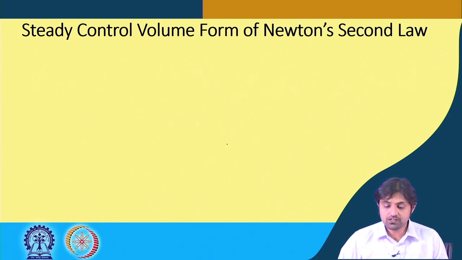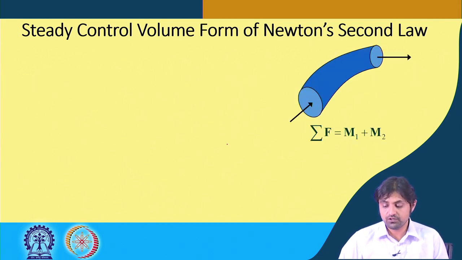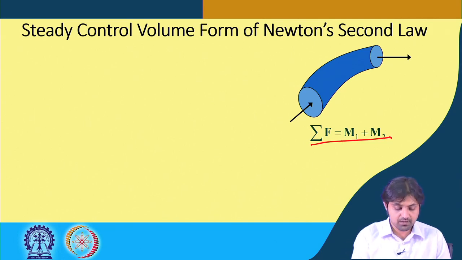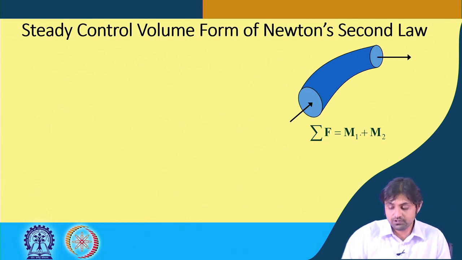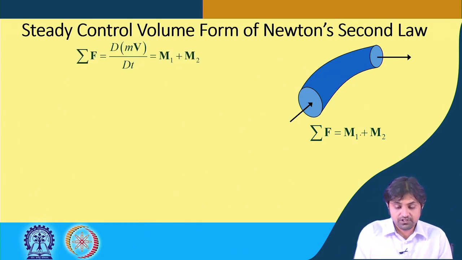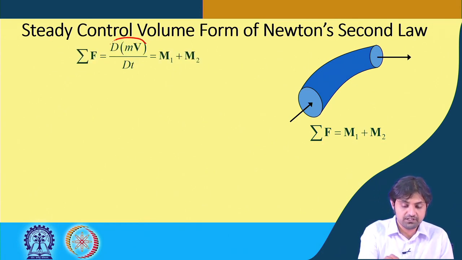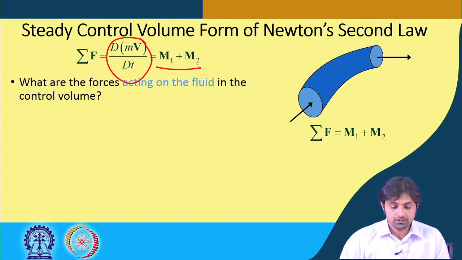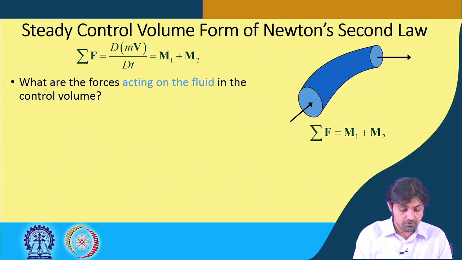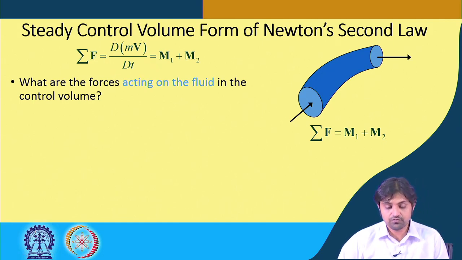Now the steady control volume form of Newton's second law. The net force F is the sum of M1 and M2, as we already told you in the last slide: sigma F equals M1 plus M2. Now the question is, what are the forces acting on the fluid in the control volume?